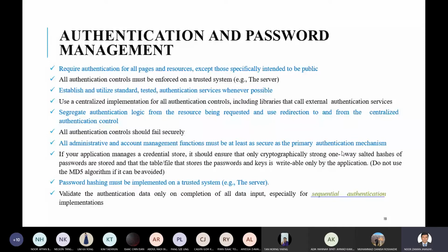We need to see that all of the authentication controls fail securely. This is the most critical information as well. If a user is in the middle of the software and wrongly provides a wrong password, the system should not quit. If the system is failing, it should fail safely and securely, without interrupting and without including secret information in the log file.